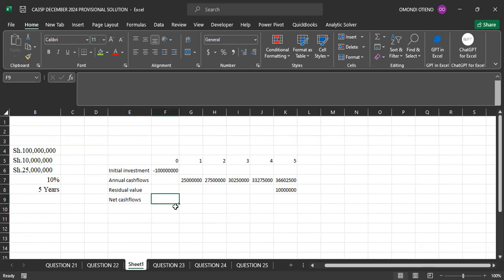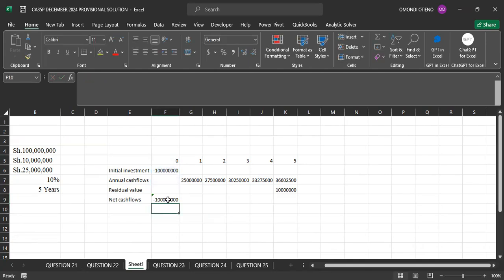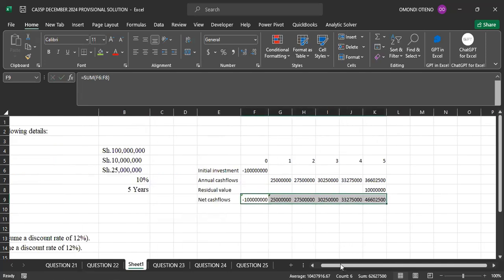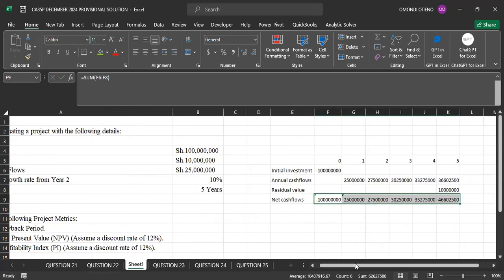So let's get the summation of all these. If we try to do that, this is what you're getting as the summation of the cash inflows, the net cash flows. So that is what we have there.